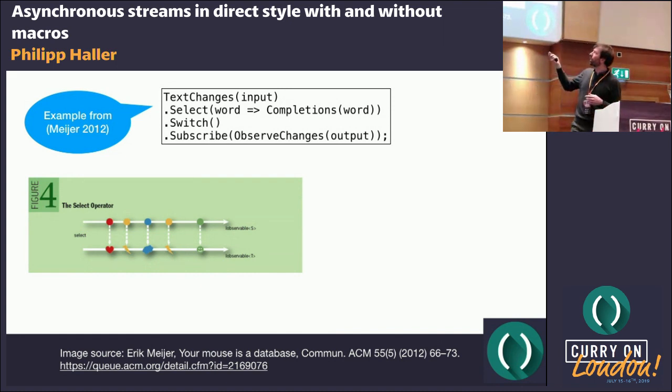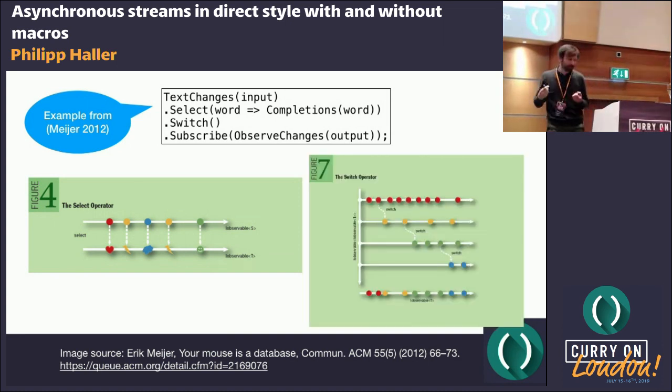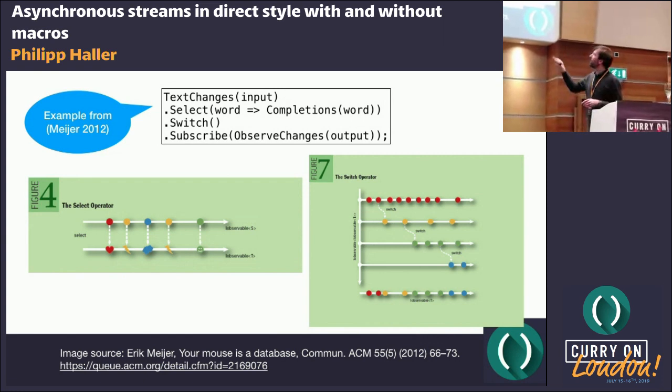Now, because we have too many publishers here, we should switch between them. The switch combinator, or method, is called on a publisher of publishers, and in this case returns a simple publisher of strings. The way it works is that the first event received is a publisher of strings, the completions for the very first word.